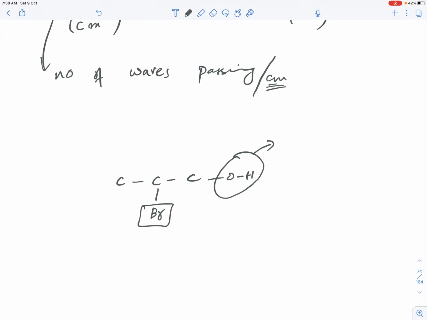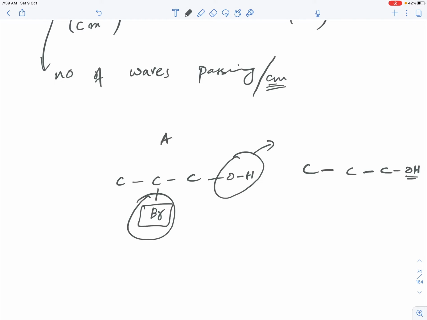Due to the presence of Br, OH will absorb differently. Let's say this is one alcohol and the other alcohol is propanol. So both these alcohols have an OH group present, both these alcohols have 3 carbon atoms present, but one of them has a Br group present on the next carbon which has the OH group attached to it.